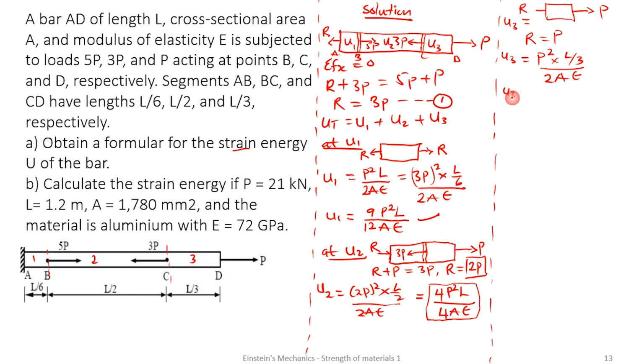And I'm going to get U3 to be P squared L on 6AE.